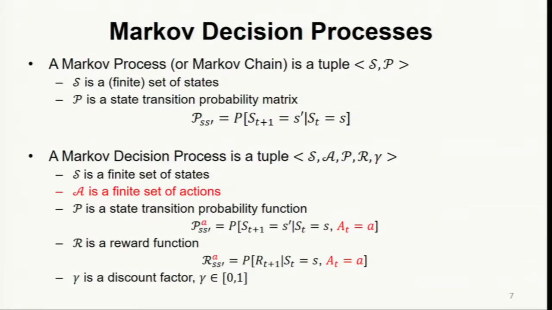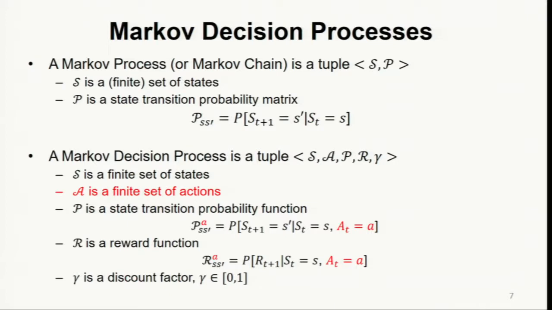Make sense? So this is state, and then action, and then we do the transition based on the action. And this transition probability matrix not only depends on the state, but also on what action you choose.